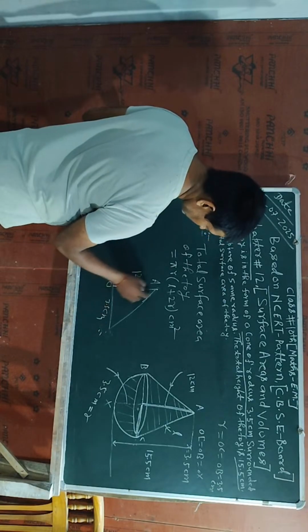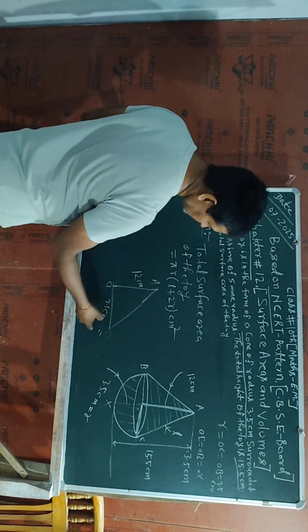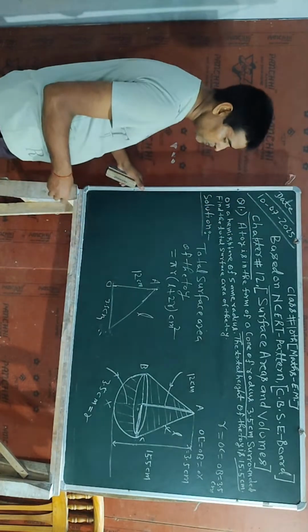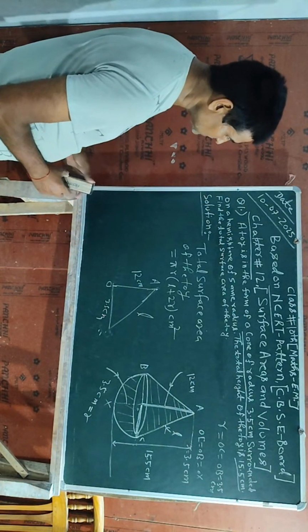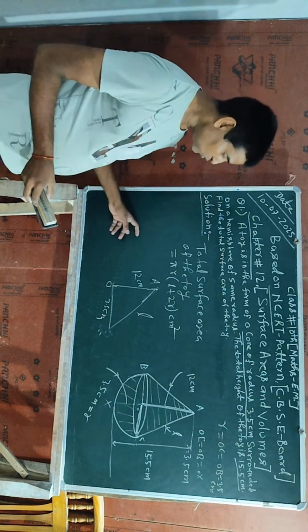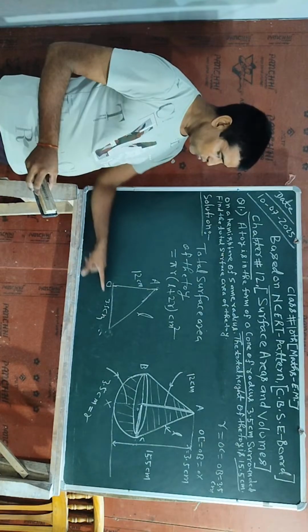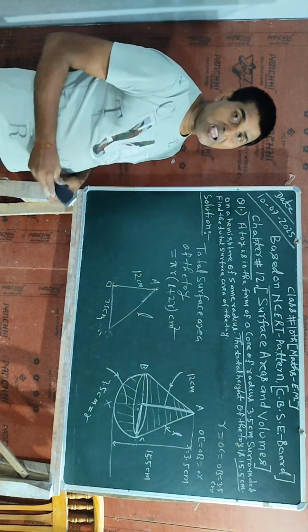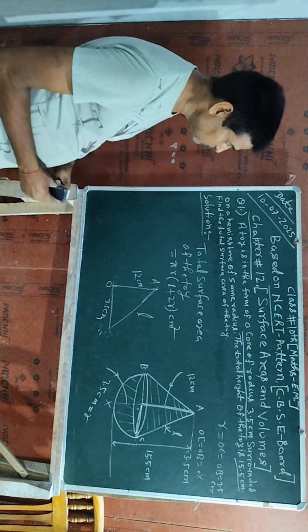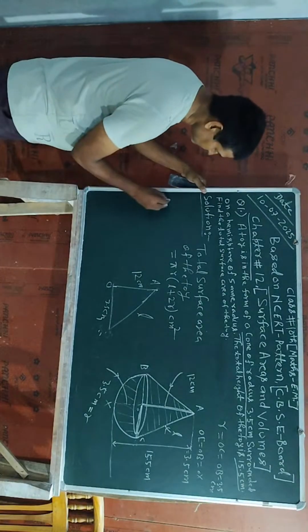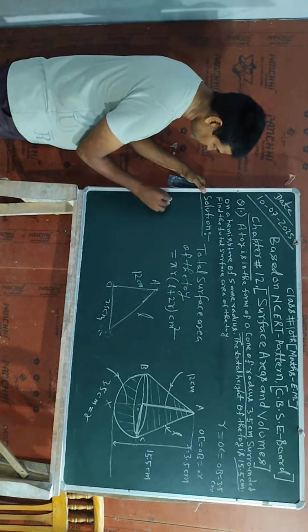So we can easily find the length AC, which is the slant height. Here I am writing one statement: by using the Pythagoras theorem in the triangle AOC, to get the value of the slant height.